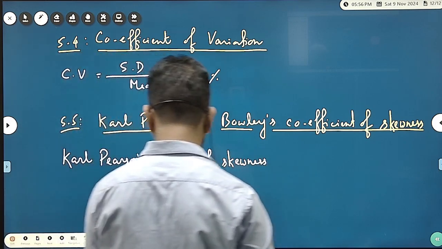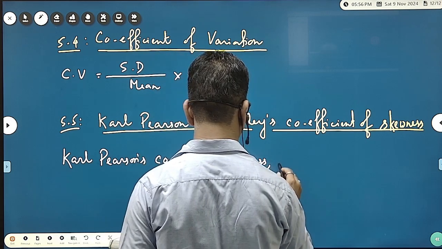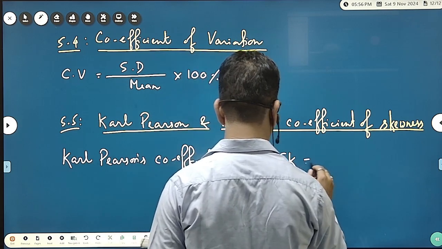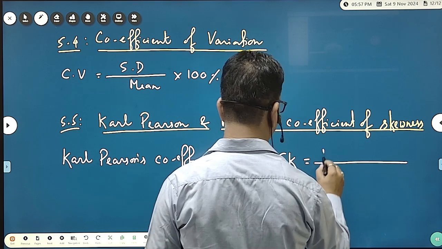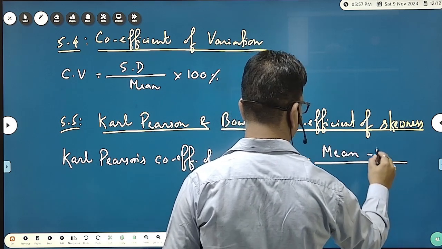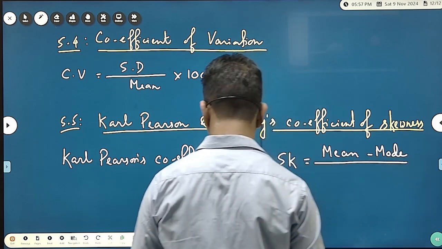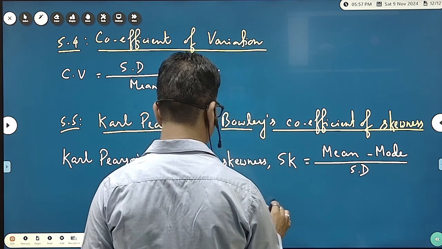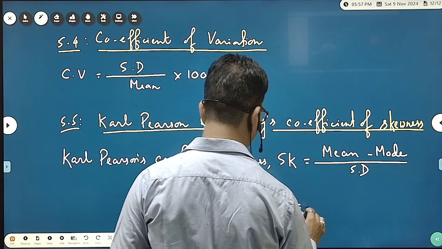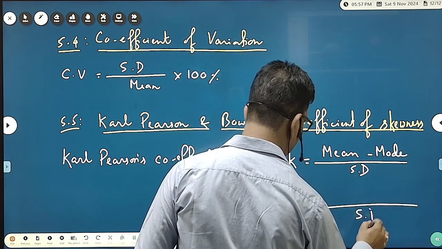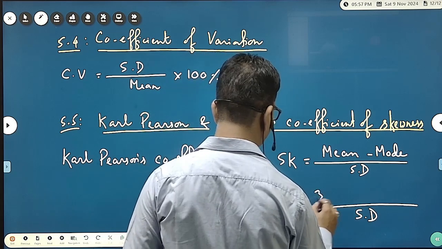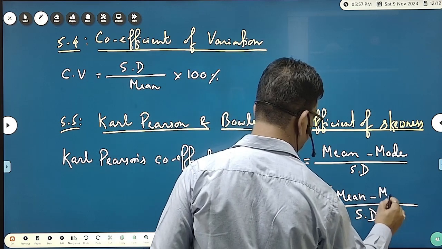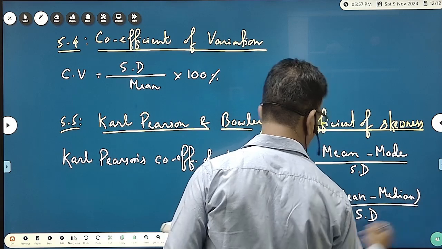The formula goes like SK, where SK refers to skewness, equal to mean minus mode divided by standard deviation, or this can also be used: 3 times mean minus median, divided by standard deviation.